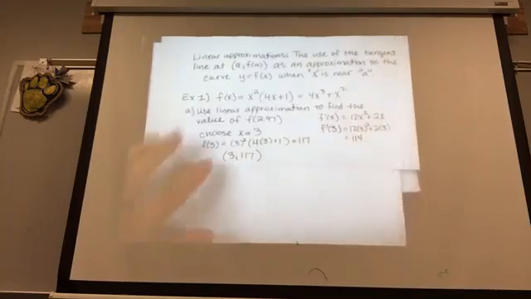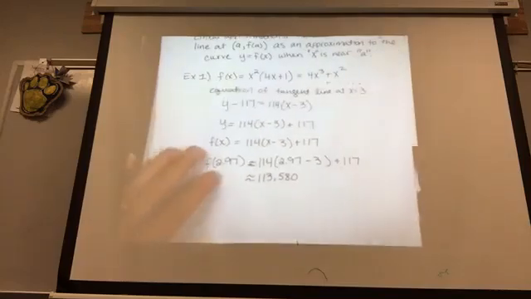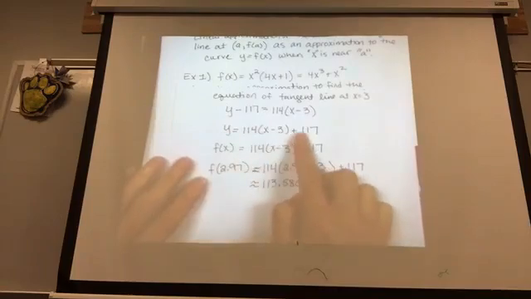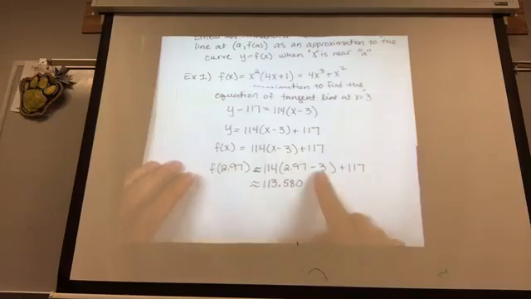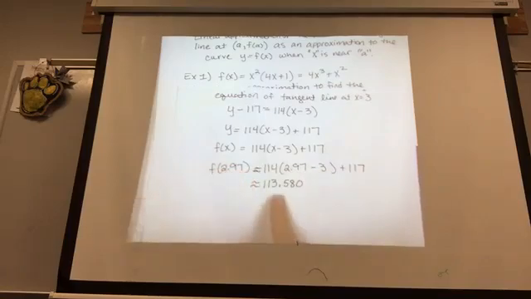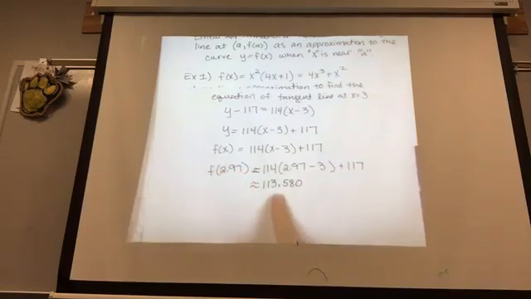So here was all our work to find that. And then once we found our tangent line, we then plugged in 2.97 to find that f of 2.97 will be approximately 113.580.